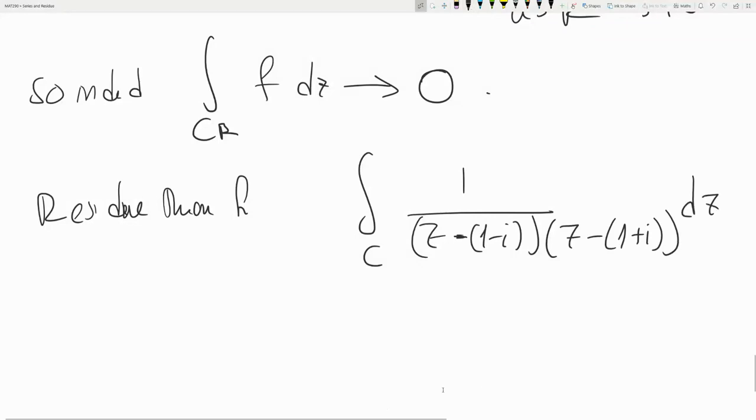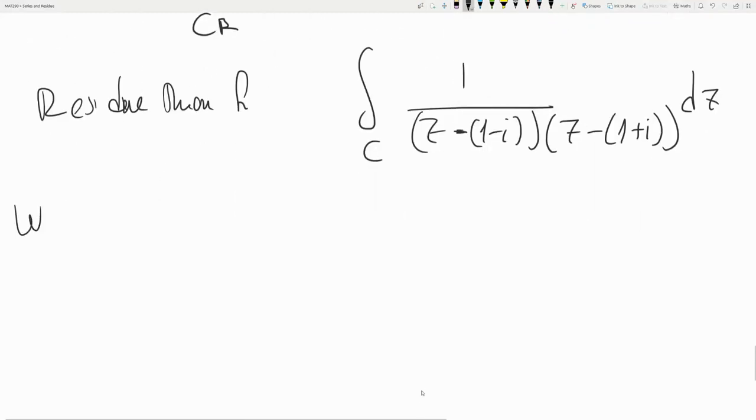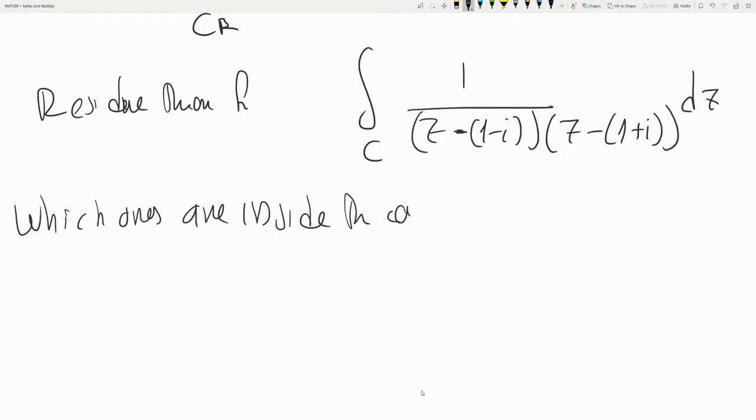Okay, now I have to do residue. All right. Let's see. So which ones are inside the contour? So you have two poles. You have to answer the question which ones are inside.